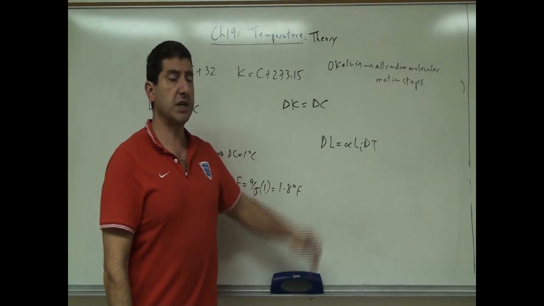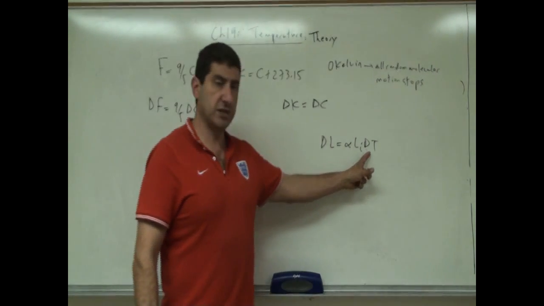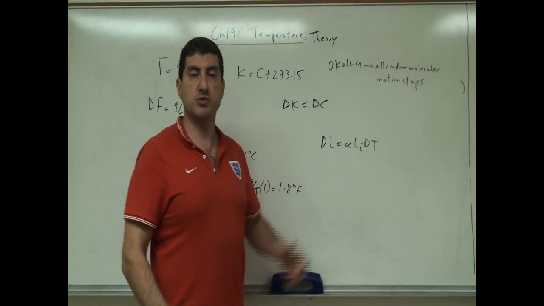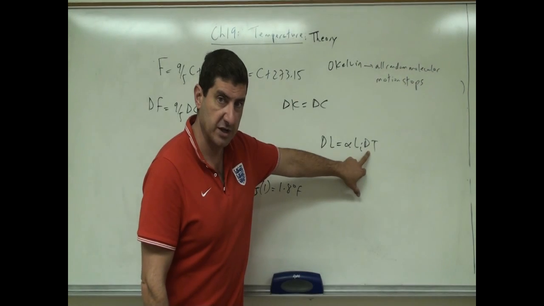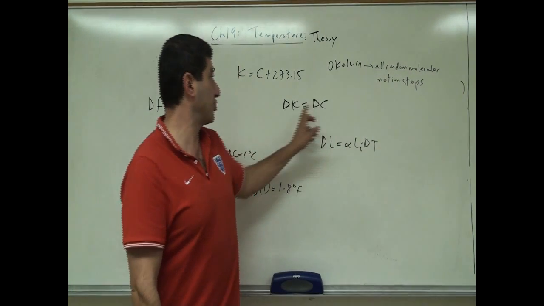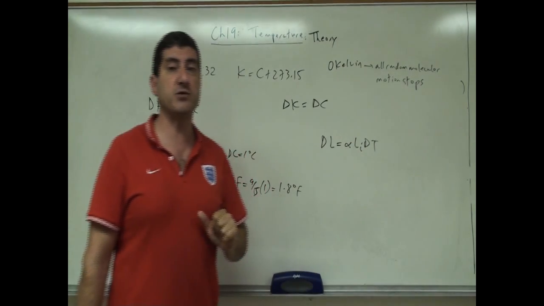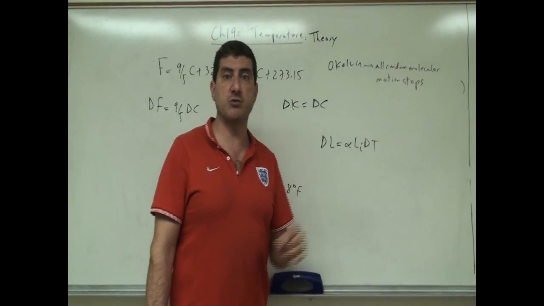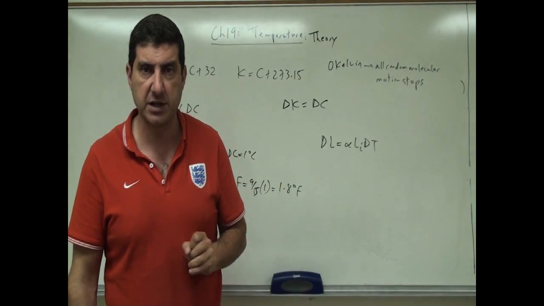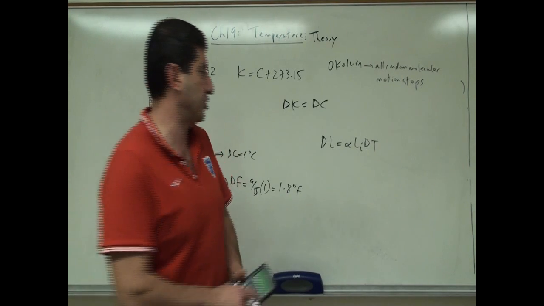This is the change in length of a metal. If you heat the metal by a certain amount, delta T, right, the metal will increase its length by a certain amount, right? Well, any change in temperature in Celsius is also equal to the change in temperature in Kelvin. Therefore, we do not have to change temperature to Kelvin for these kinds of equations that rely on the change in temperature, right?